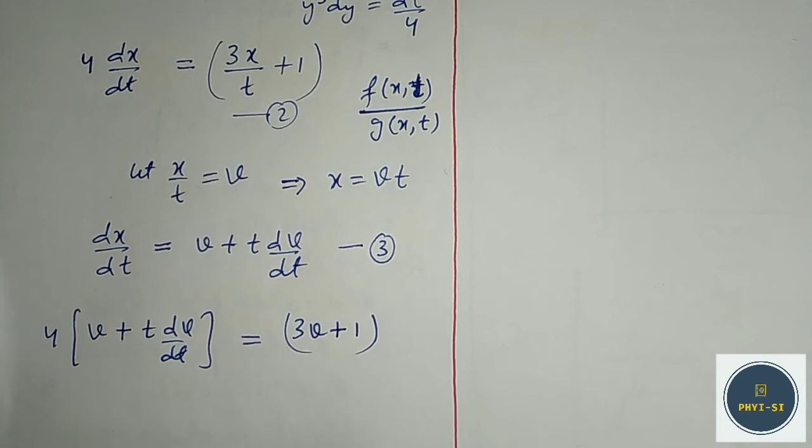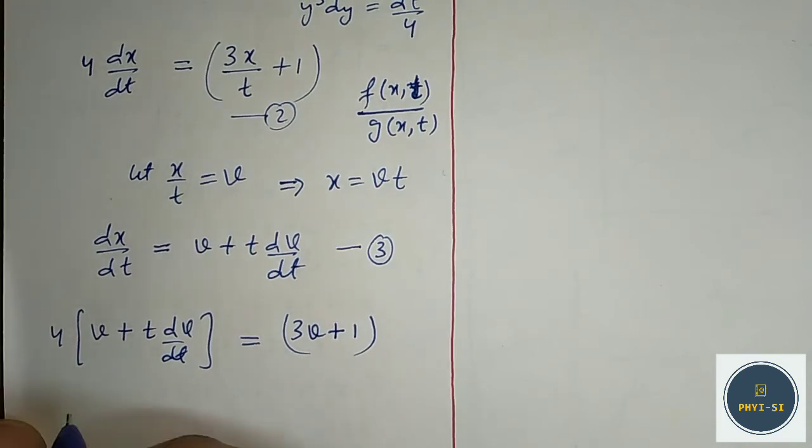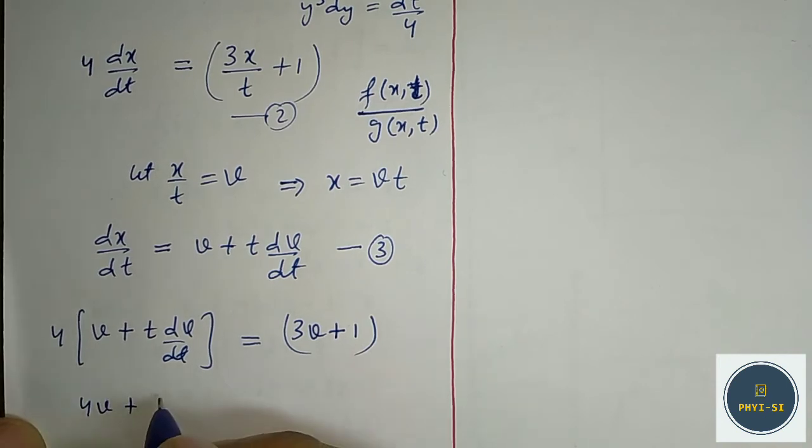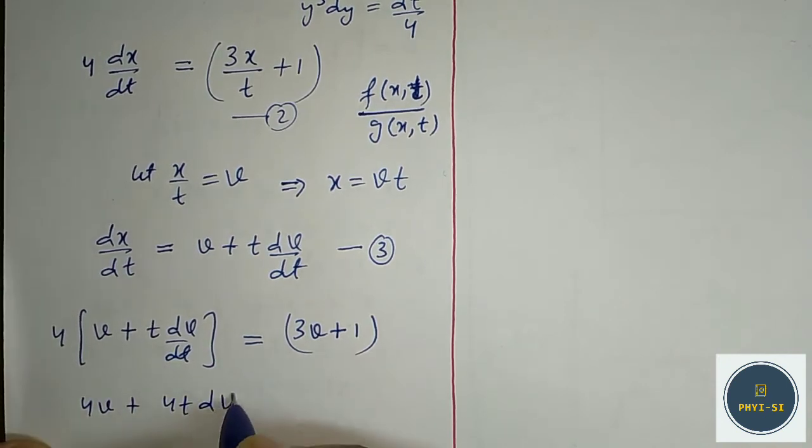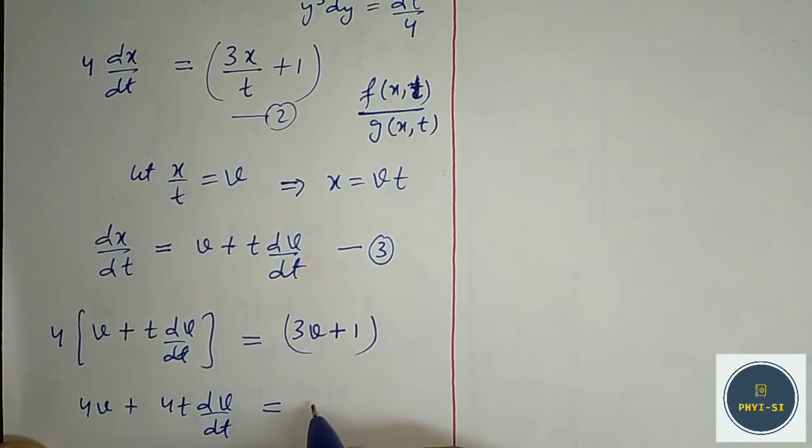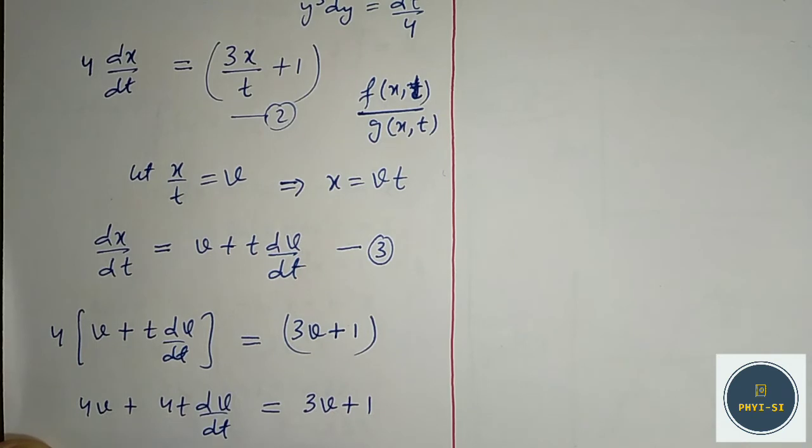Now let us separate the variables. So this becomes 4v plus 4t dv upon dt is equal to 3v plus 1.